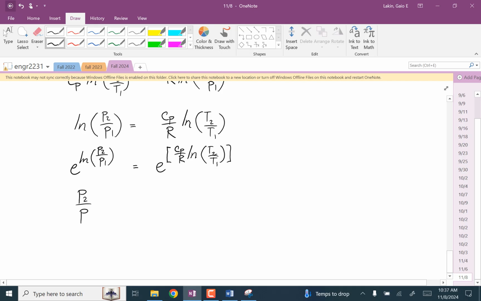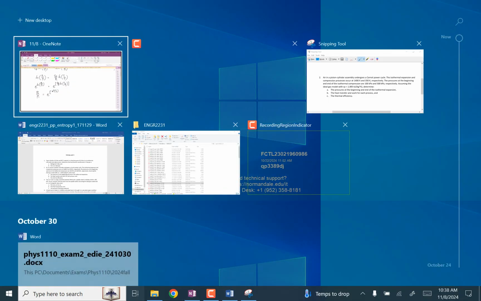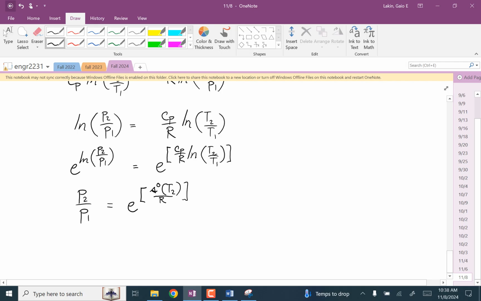So we have P2 over P1 is equal to e to the power of... okay, I'm not going to go through all this algebra, but we have e to the power of S0, remember the S0 that we had from the table before, at T2 divided by R, divided by e to the power of S0 at temperature 1 divided by R. And these two, the numerator and denominator here, are what you can look up in the table.